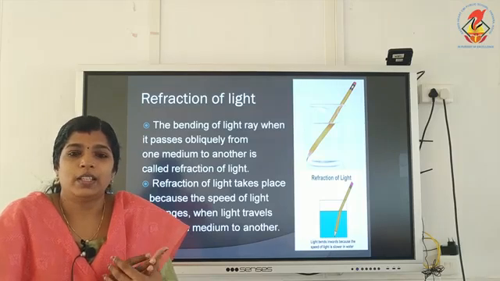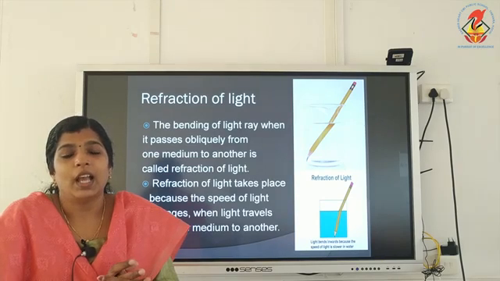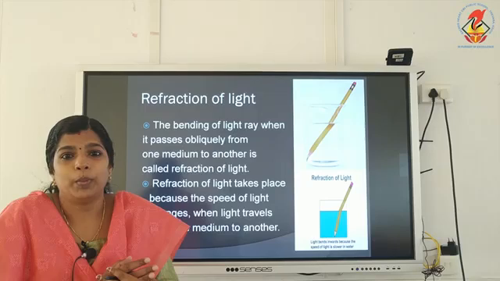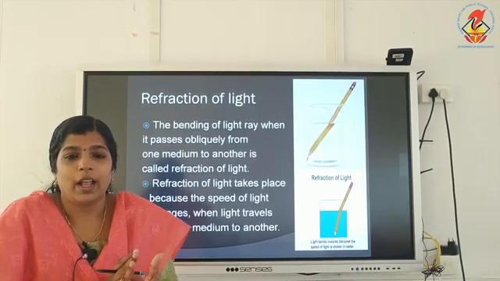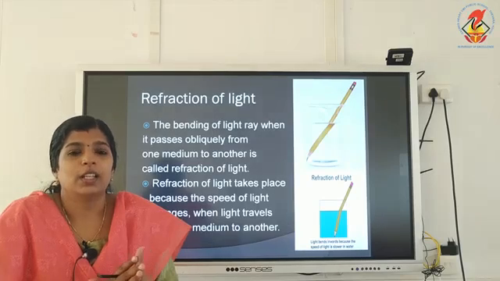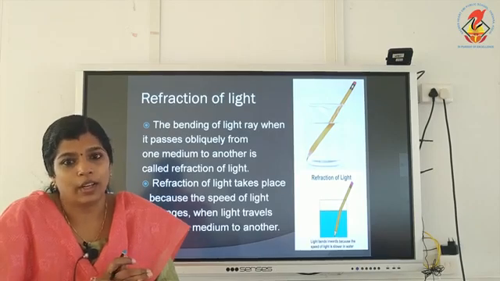When two media are in contact, at that surface there will be a bending of the light ray. That is known as refraction of light.